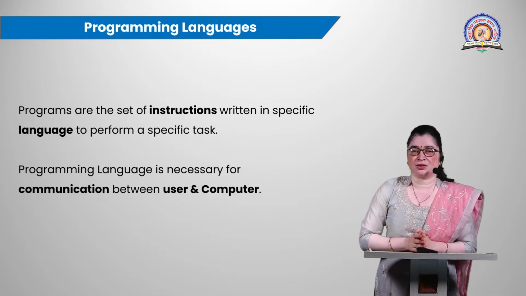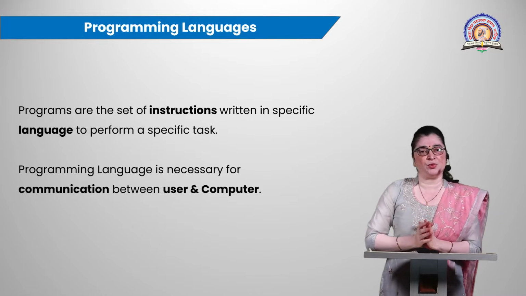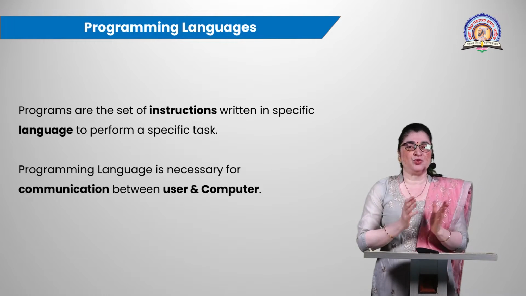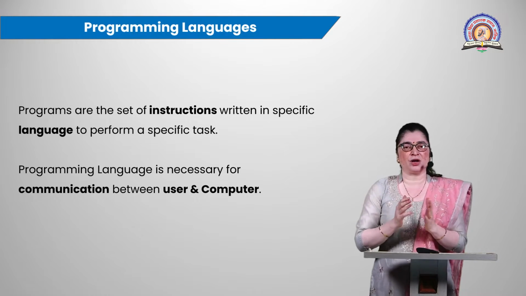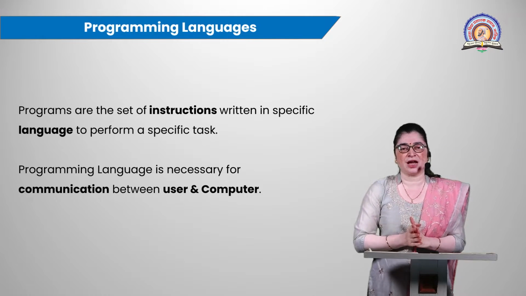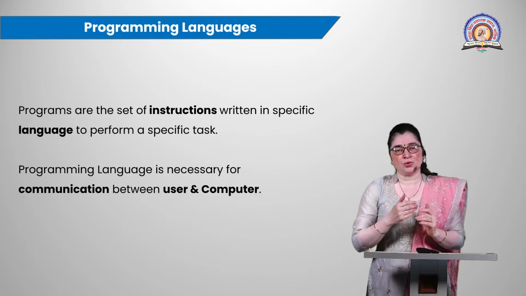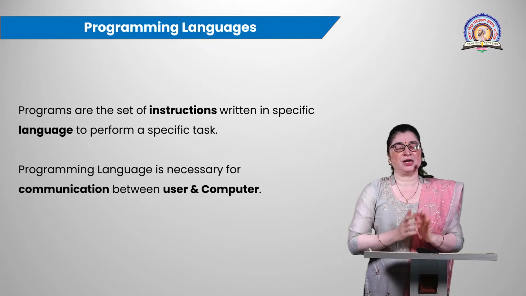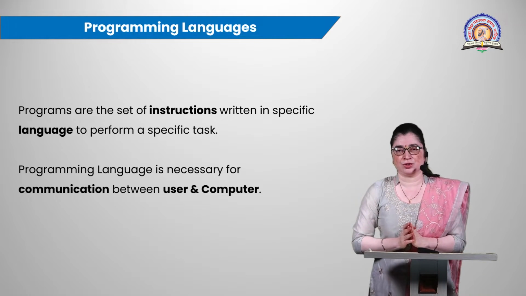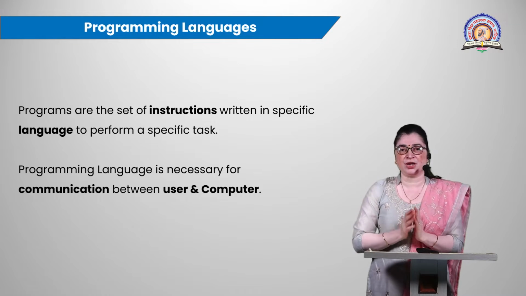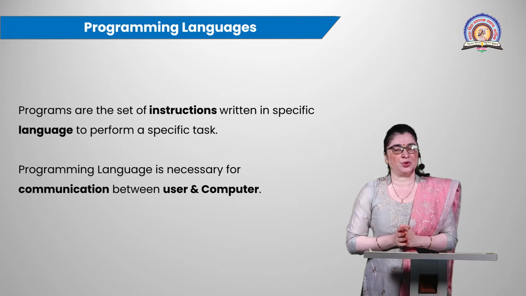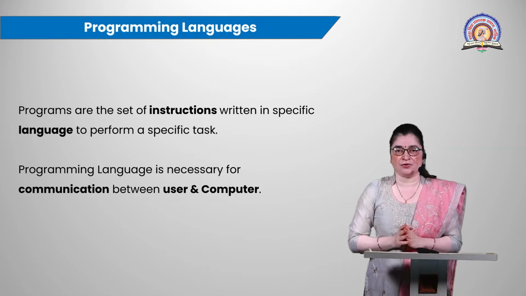And language. Language, it is a mode of communication. As we human beings, we discuss among ourselves, we use specific language like English, Marathi, or Hindi. Similarly, to communicate with the computer, a language is to be used. The mode of communication between user and computer is called as language.